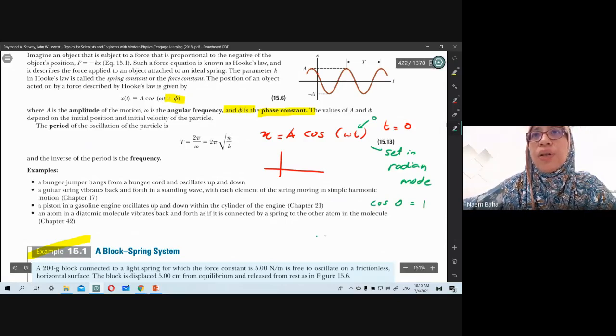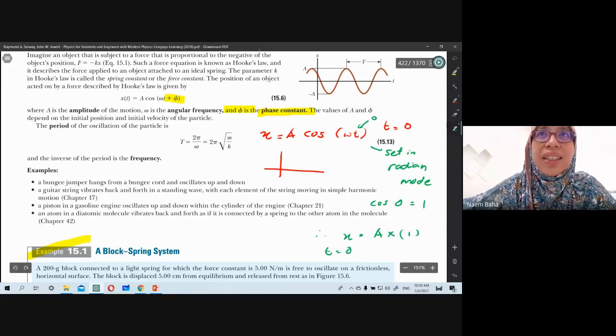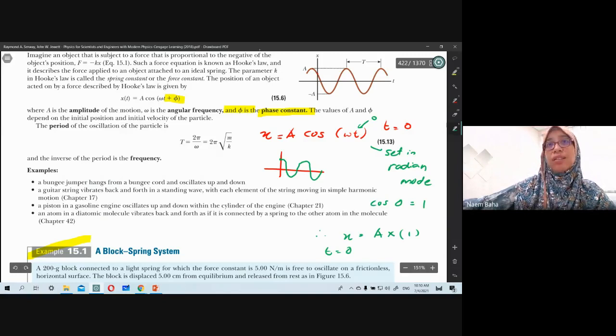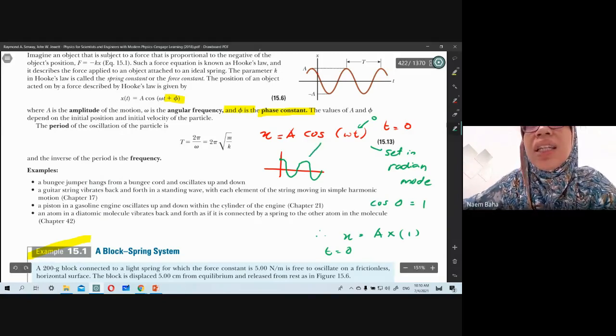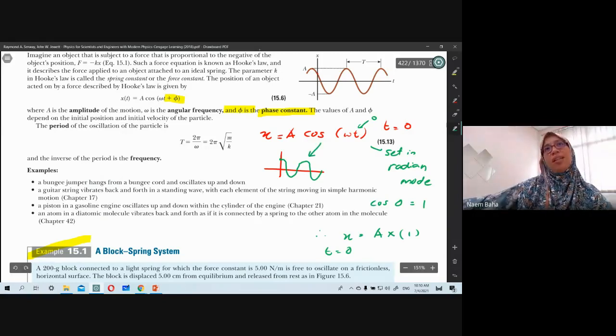And therefore, at t equal to 0, x is A times 1. And that's the reason why your graph would start here. So this is A cos omega t.